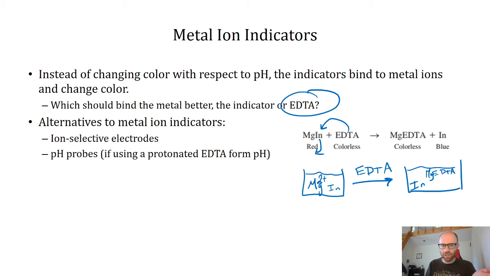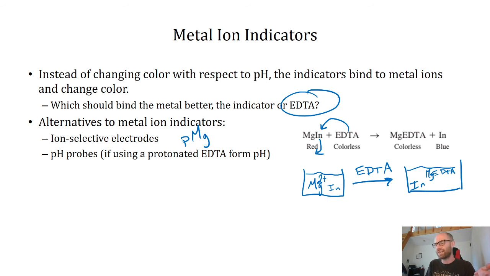There are some alternatives to using metal ion indicators in your titration, which are exactly the same as you would consider having alternatives in an acid-base titration. If you had an ion selective electrode, where the electrodes that we use for our digital pH probes are sensitive to H+, if they were sensitive to, say, magnesium, then you would be able to use those, and instead of pH, you can read the pMg, and it would work exactly the same way.